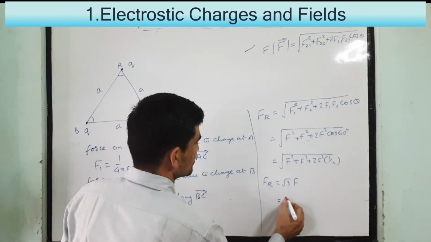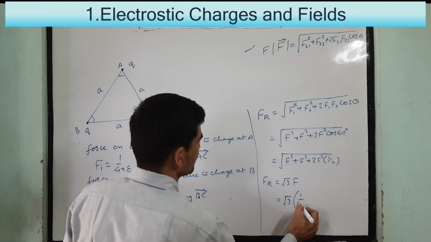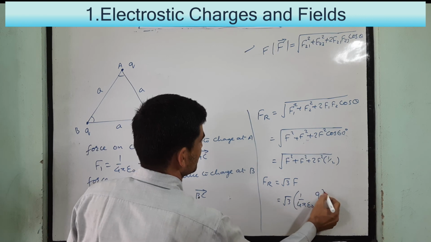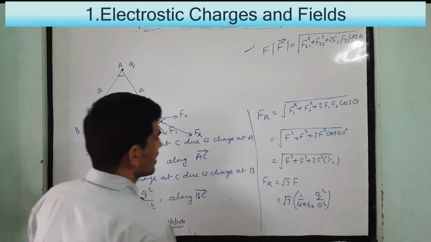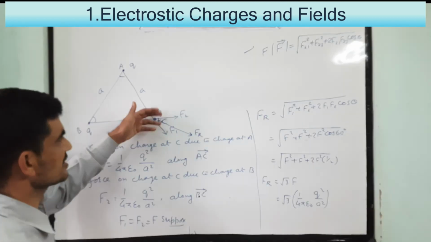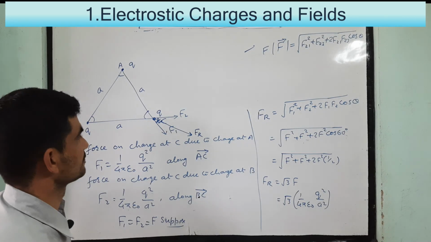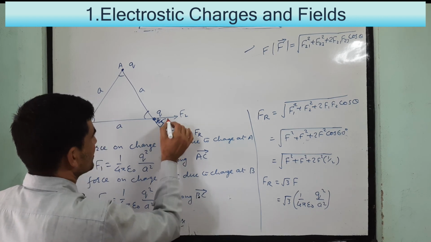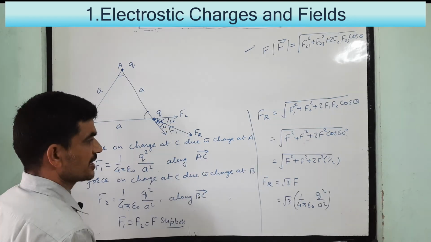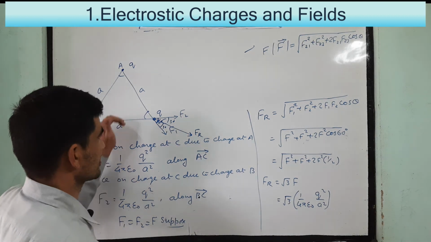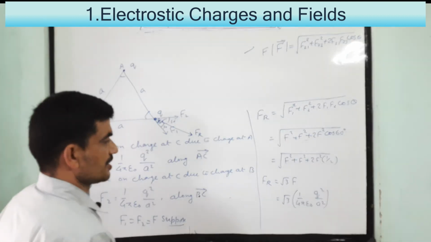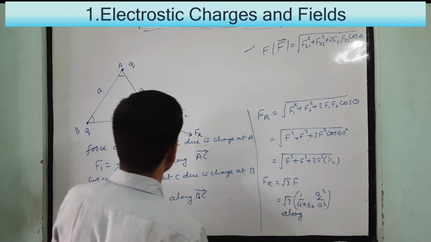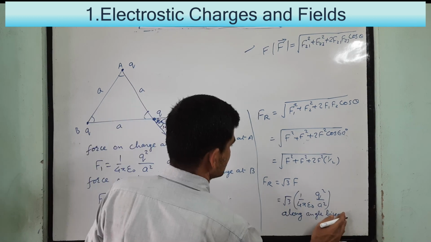That value is root 3 times 1 upon 4 pi epsilon naught q square by a square. And what is the direction? Since the forces are equal, it will be exactly in the middle, making 30 degrees on each side, along the angle bisector.